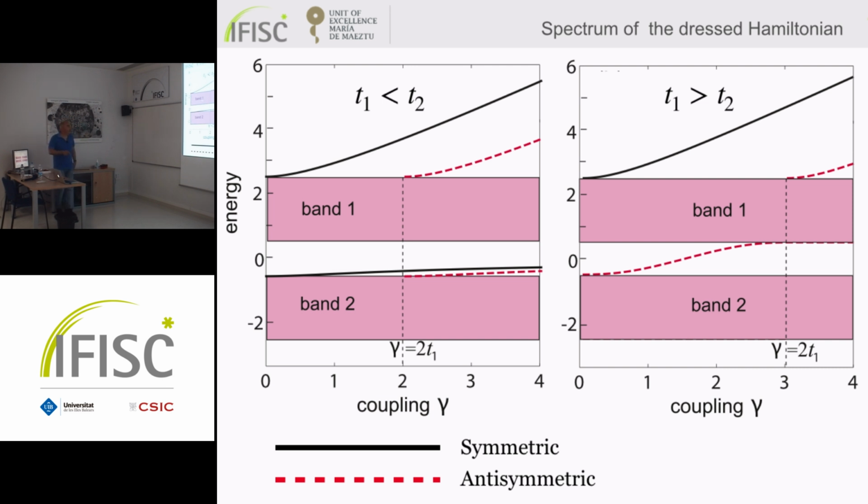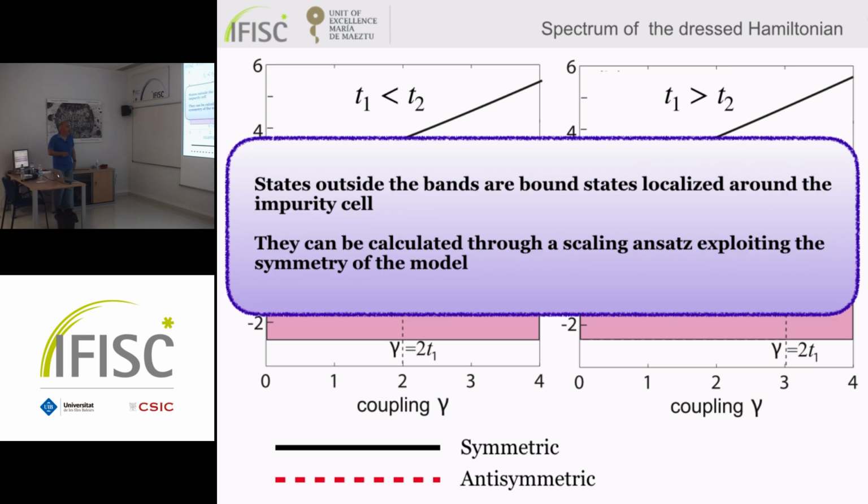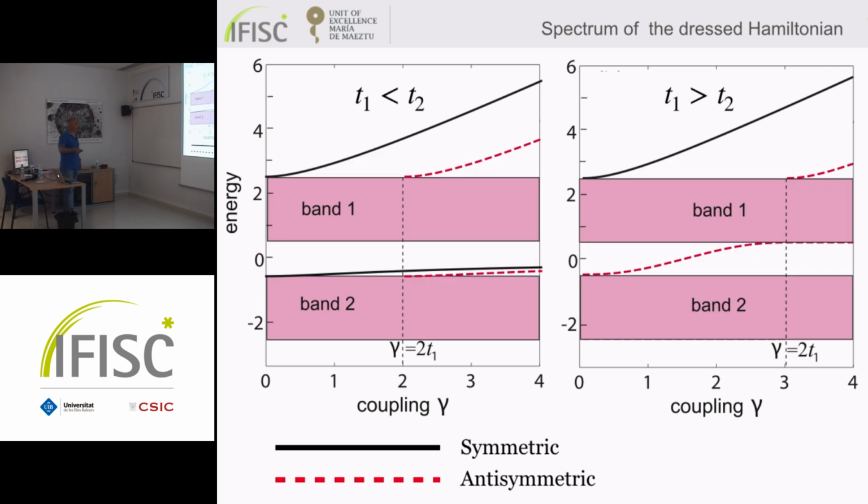And these levels are actually bound states localized around the impurity. We calculated it just assuming that they scale exponentially around the impurity, and we found an analytical expression for their energies and their symmetry. Because the important thing here is that those states can be either symmetric around the center of the chain, or antisymmetric.